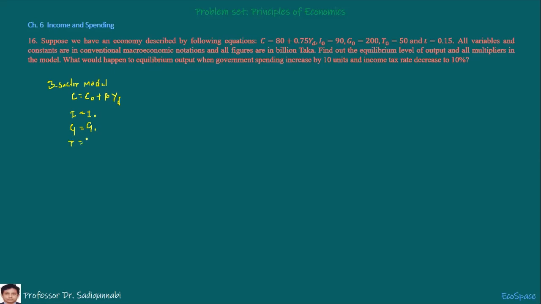And T equals T naught plus small t y, that means income tax plus lump sum tax, and yd is equal to y minus t.